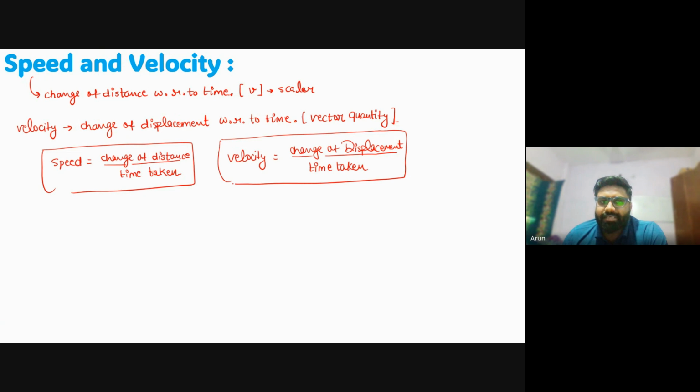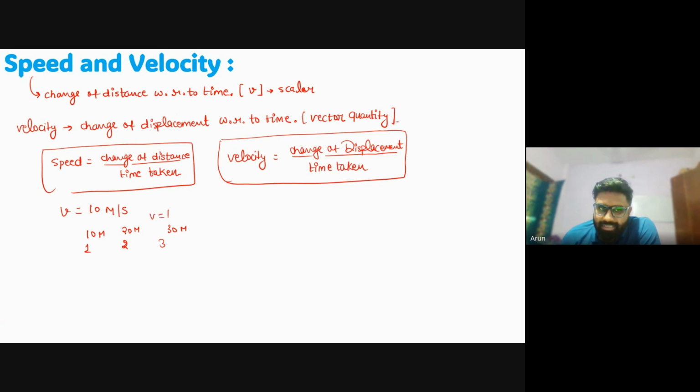So what if I say that speed is constant? What does this mean? Let's say, for example, speed is 10 meters per second and it is not changing. In the first second, the distance covered by the object is 10 meters. In the second second, it is 20 meters. In the third, the distance covered is 30 meters.